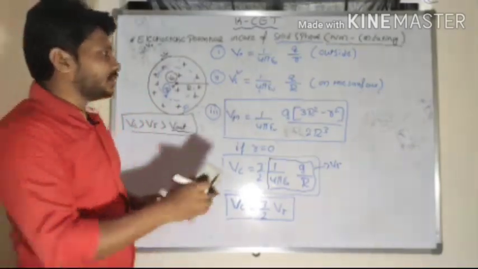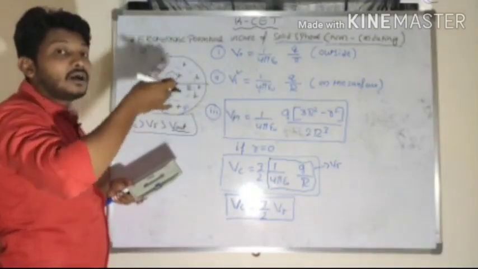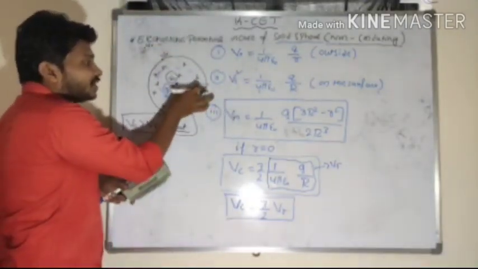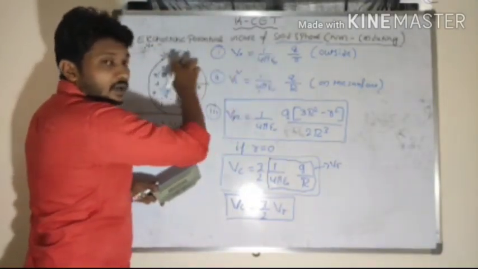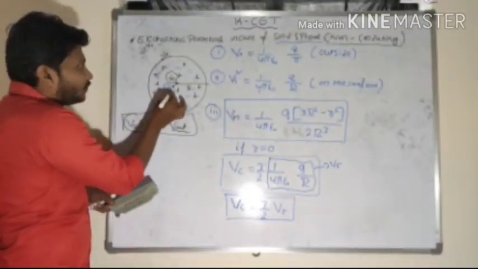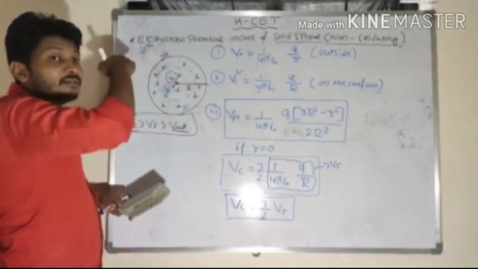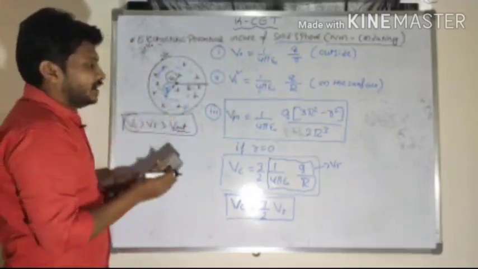Then what is the nature of the graph for this one? In case of a conducting shell or hollow conducting sphere, the potential is constant, a horizontal line along the y-axis. But here, as I move from the center of the sphere to the surface, what about the potential value? The potential value goes on decreasing here.